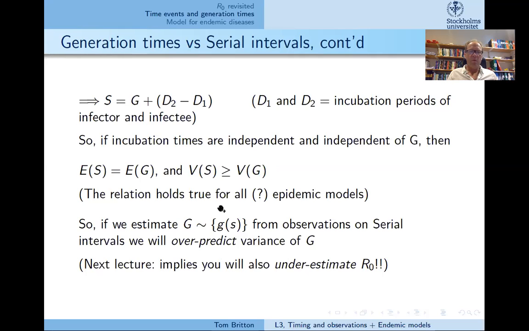So we will overestimate, or over-predict, the variance of the generation time. This will have the same effect as the previous problem when we use generation time to estimate the basic reproduction number. It will imply that we will underestimate the basic reproduction number.